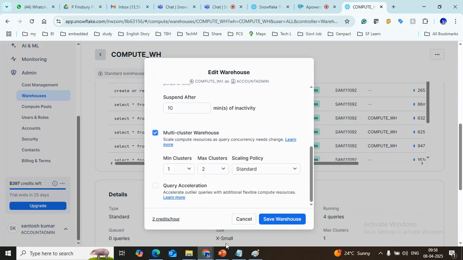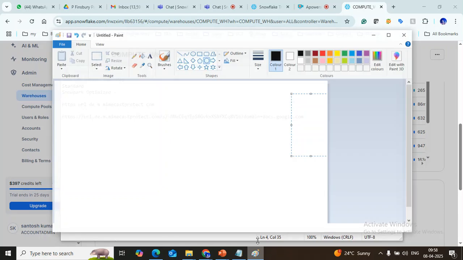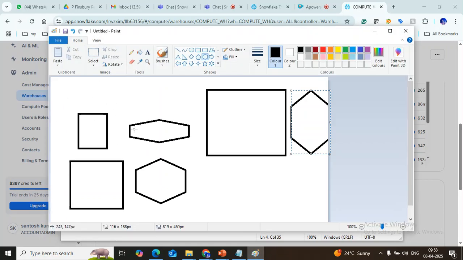I gave an example of multi-cluster yesterday. Suppose this is our compute resources: one is memory, one is CPU, right? Suppose this is extra small.